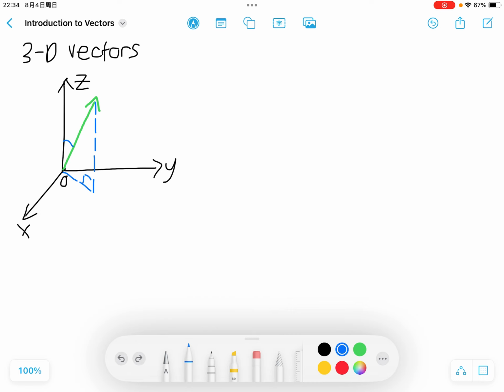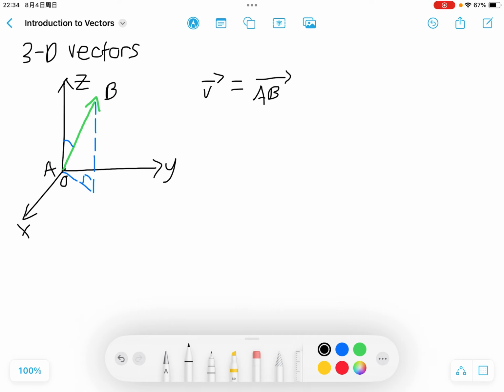So now we have this green vector, which we can refer to as vector V again. We want to find a way to represent vector V. We can still call this point A and this point B, and it's equal to vector AB.